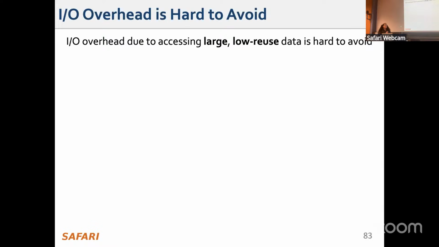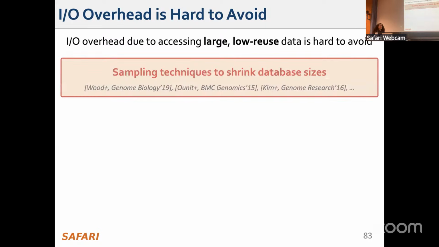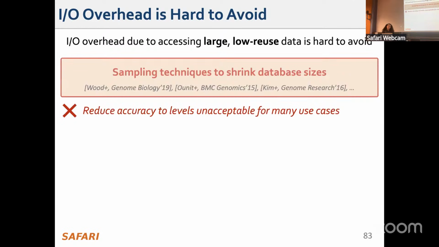This slide is not necessarily related only to metagenomics; it can apply to any type of low-reuse data. So let's see why. First, you can use some sampling techniques to shrink the database sizes, but that can lead to accuracy loss. Particularly in this case, in many scenarios it can impact accuracy to unacceptable levels.